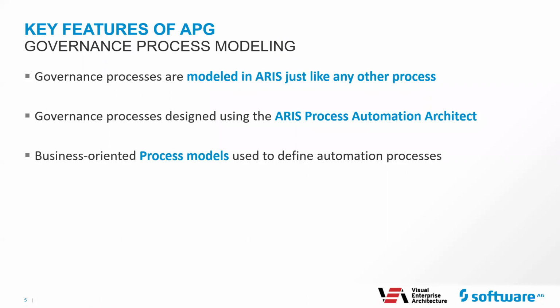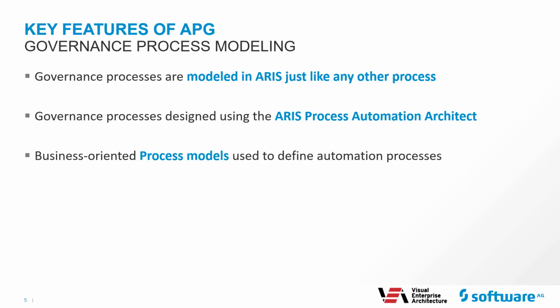What we also see then is with each of the higher-level processes, we detail those out in what we call event-driven process chain models. Okay, they're used to capture the governance flow detail logic for each of the higher level processes. Okay, we use the ARIS Process Automation Architect to design these processes.